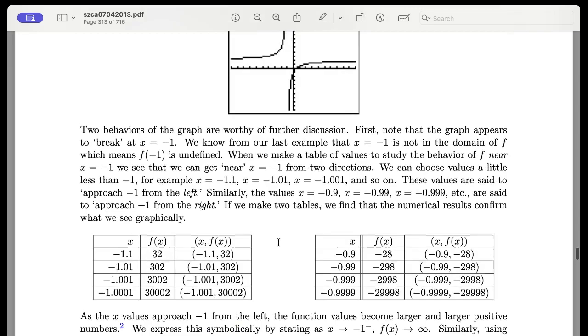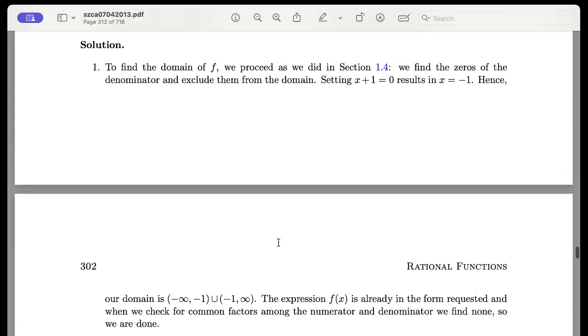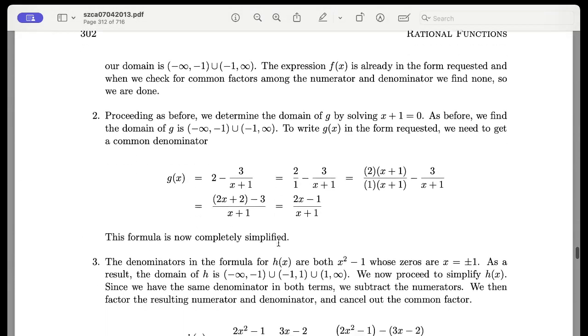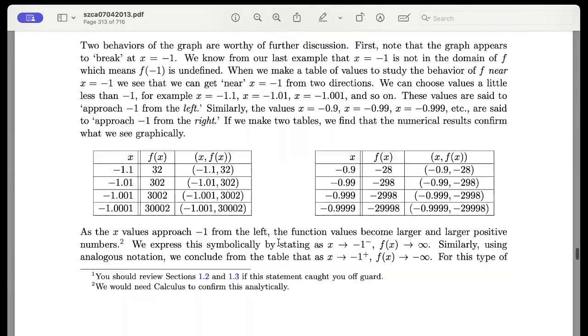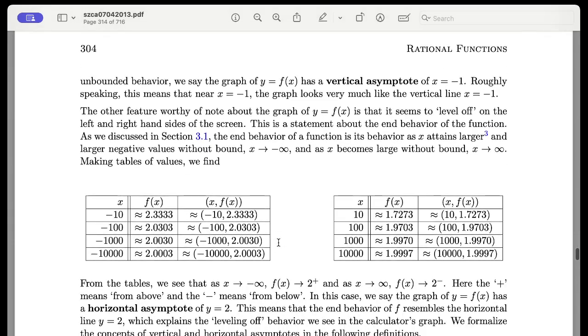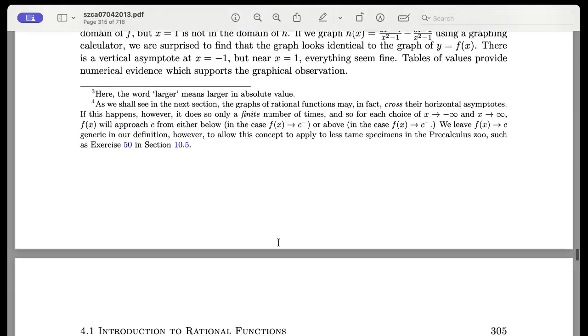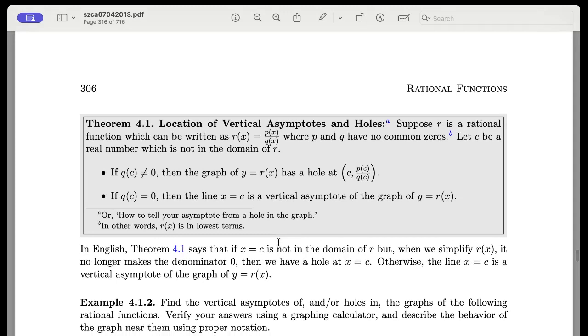Well, there's a theorem on it. It must be beyond the spot that I was just looking at. There we go, theorem 4.1. That's what I had in my notes. Locating vertical asymptotes and holes. Let's just read this.